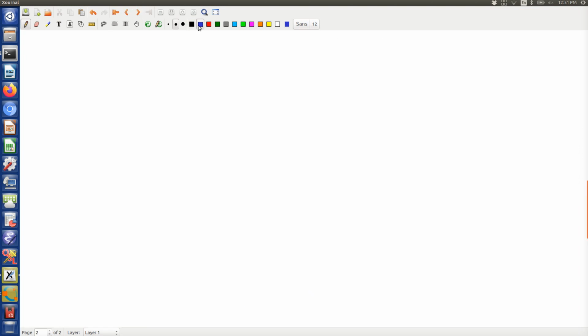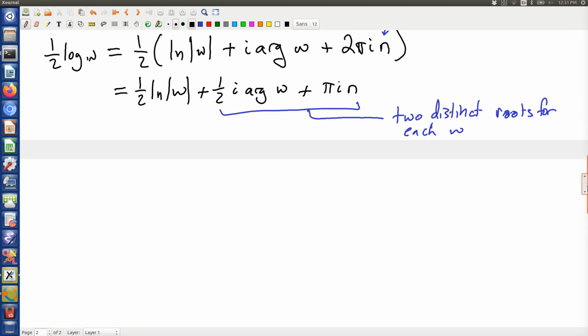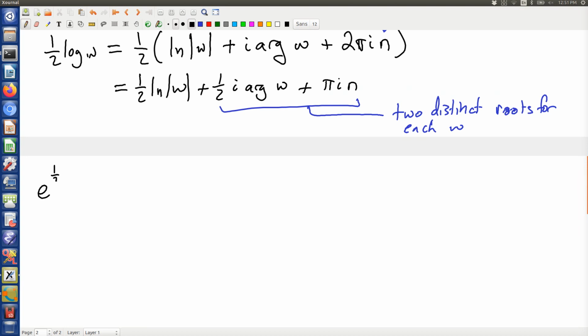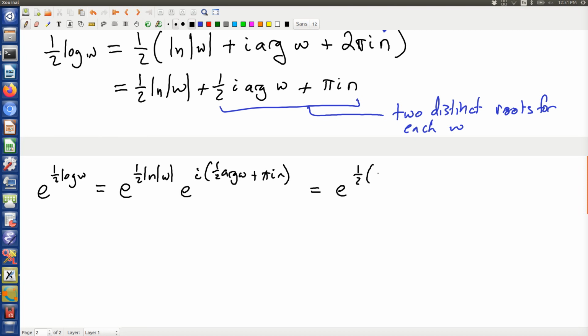If I go ahead and continue to simplify a little bit, taking this formula, e to the 1/2 log w, that's e to the 1/2 of all of this stuff. What I'll end up with is something that looks like e to the 1/2 ln w plus i arg w.